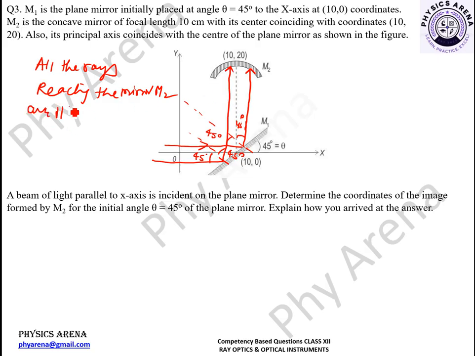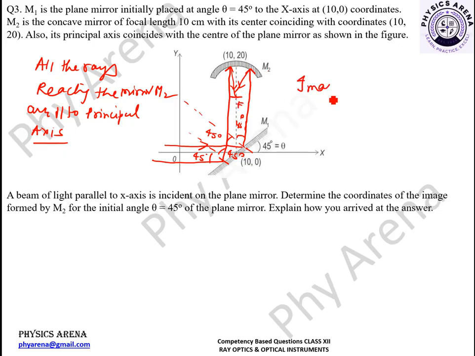And we know that when rays are parallel to the principal axis, they all will converge at the focus F. So all these rays, after reflecting from the mirror M2, will reach the focus.